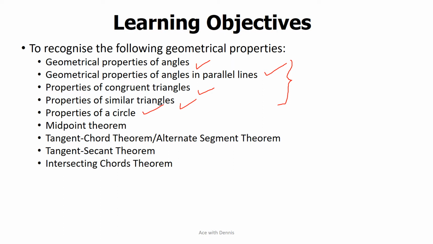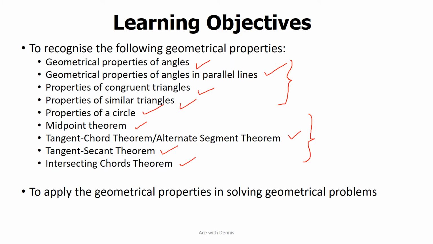In additional mathematics, midpoint theorem, Tangent-Chord theorem or alternate segment theorem, Tangent-Secant theorem, and Intersecting Chords theorem are the new properties that you have to learn. After knowing these geometrical properties, then you need to know how to apply these geometrical properties in solving geometrical problems.